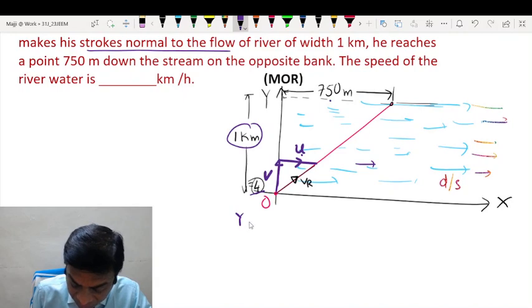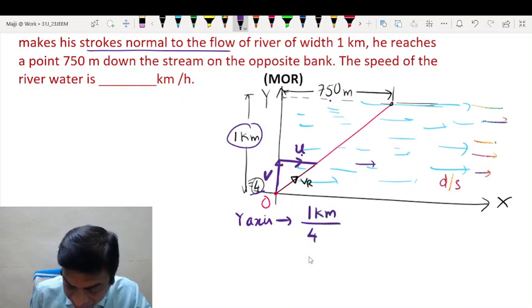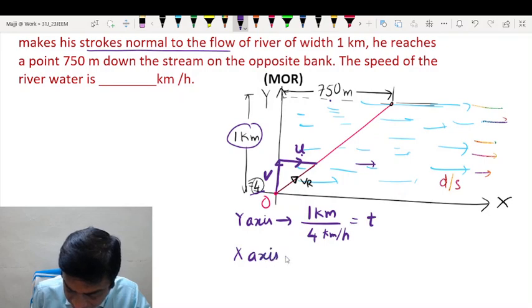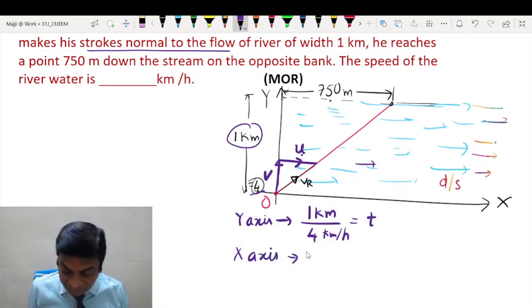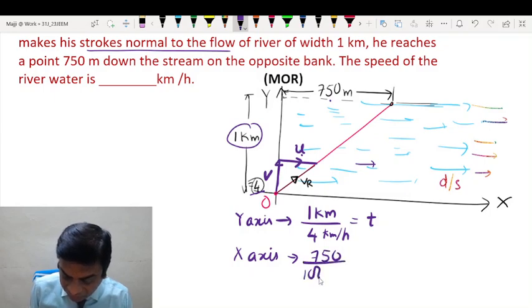So considering the motion along the y-axis, it is easy to see that the time is given by displacement upon velocity. Whereas when you consider the movement along the x-axis, the displacement is 750 by 1000 kilometers upon u, which is also t.